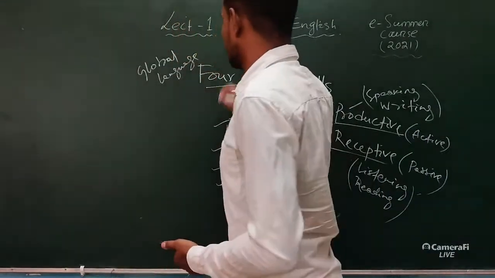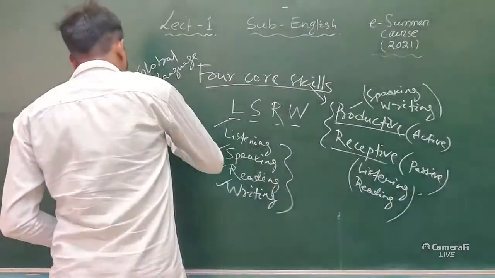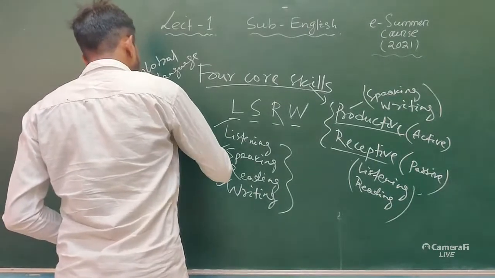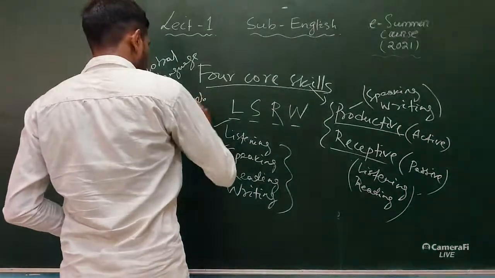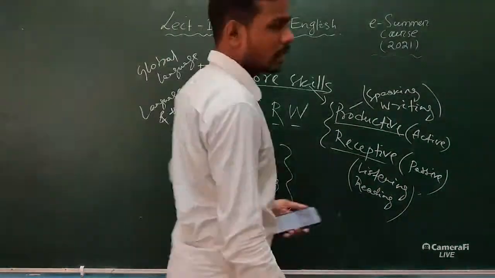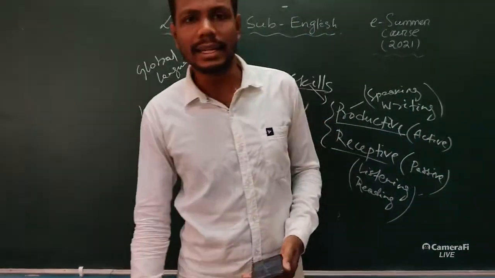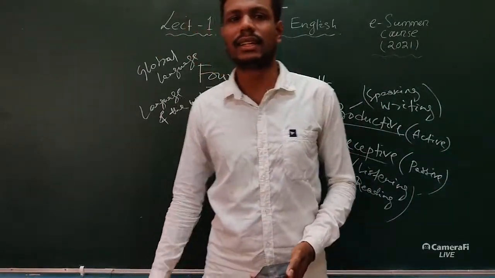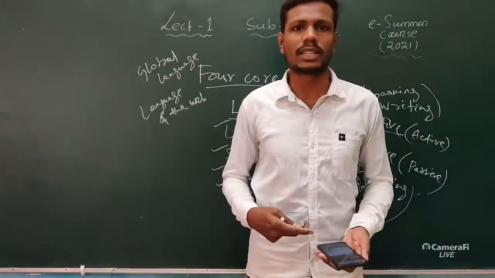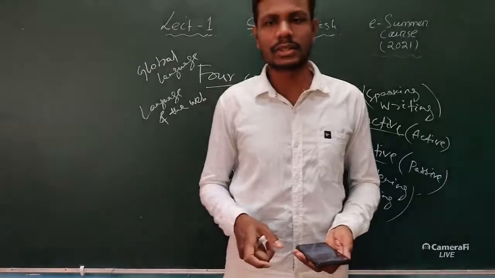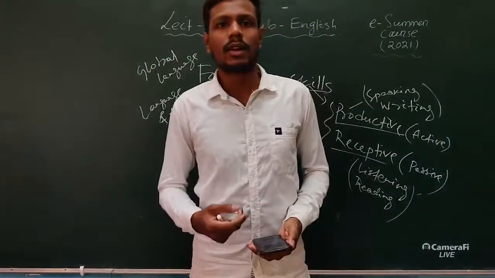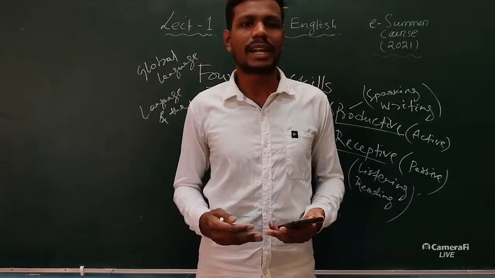Secondly, this is the language of the web, or the language of the internet. Whenever you search for something on the internet, it will provide you thousands of results in English, and that's because it is spreading worldwide.